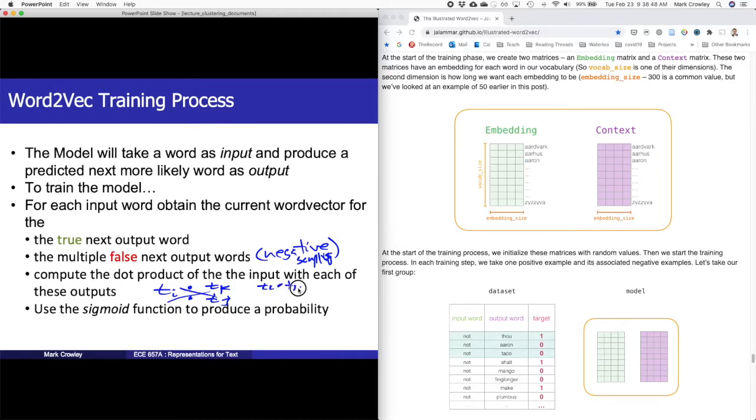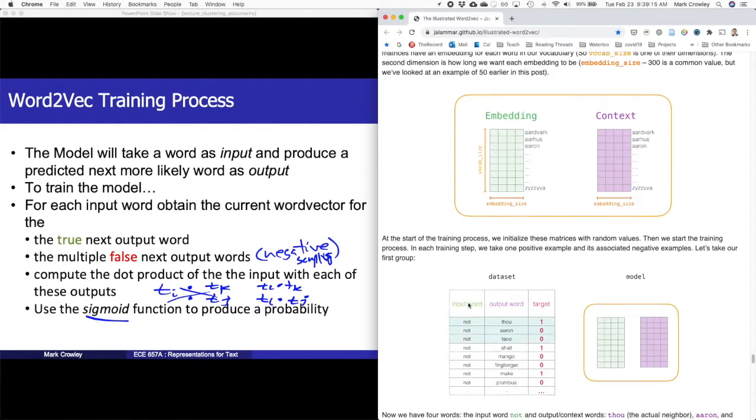We'll actually compute the dot product of the vector for that. So once we have the actual vector for that word, we can compute the dot product between the two of them, and we get the magnitude and direction of this new vector of a new word. And we use that to basically come up with a probability, right? So we use a sigmoid function on the output number.